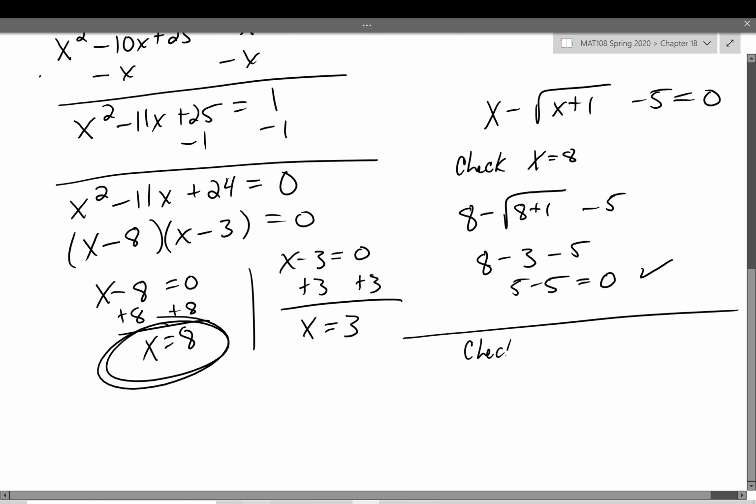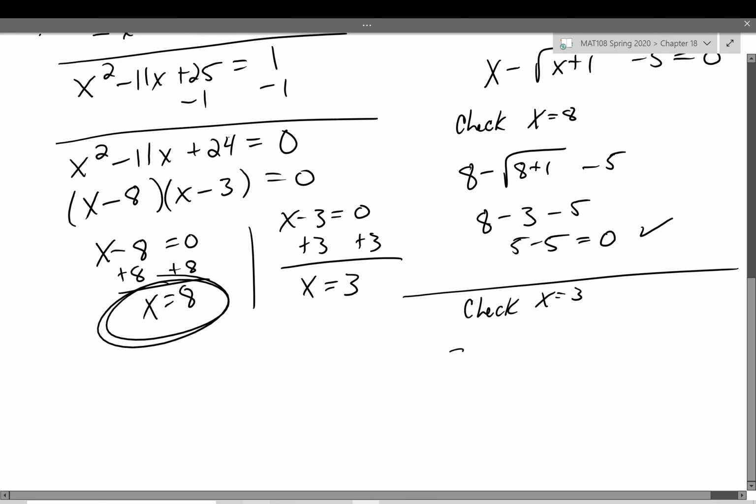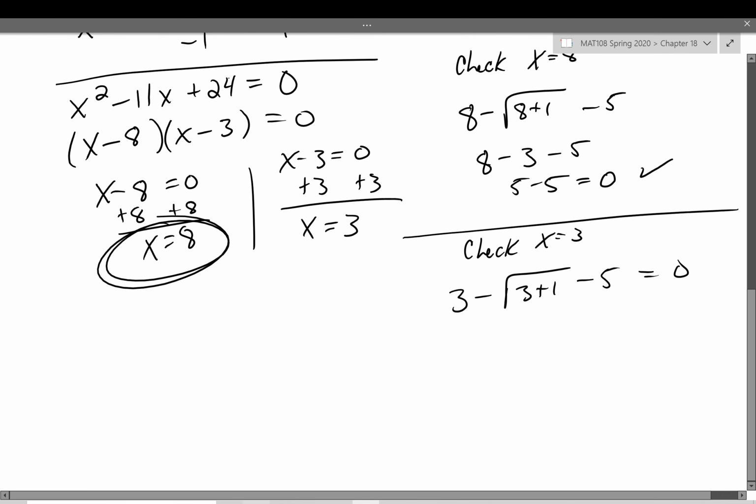Now let's check x equals 3. So that's going to give me 3 minus the square root of 3 plus 1 minus 5, and that should equal 0, okay? Let's see. We get 3 minus, well, 3 plus 1 is 4. Square root of 4 is 2 minus 5. 3 minus 2 is 1 minus 5.